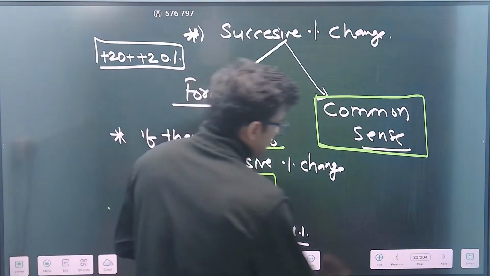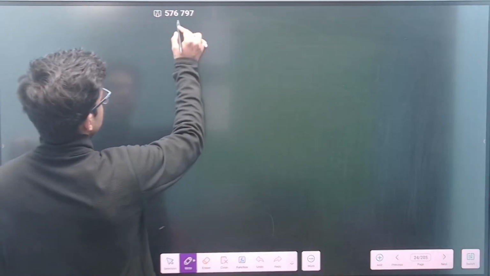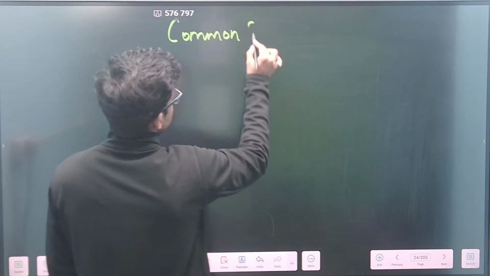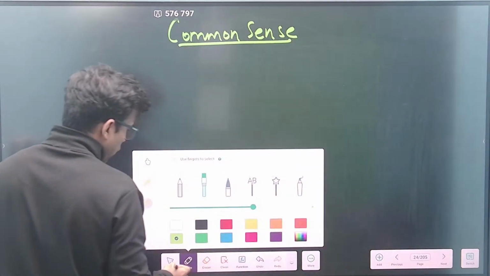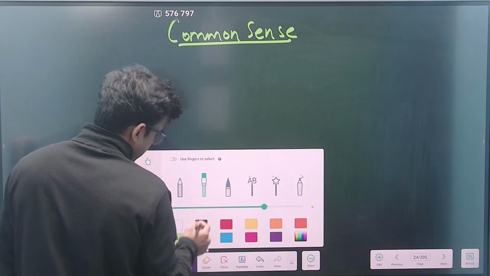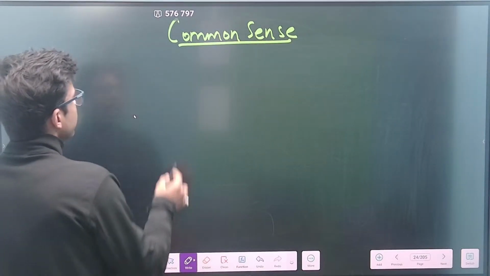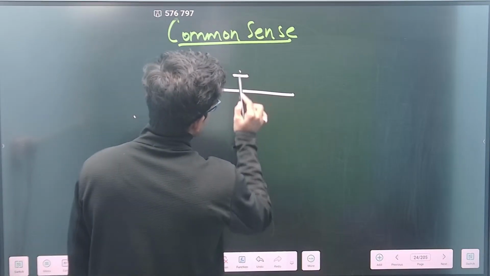Correct. So let us now understand this whole process with common sense. What is basically common sense? Suppose my initial value is 100, first it is increased by 20%.